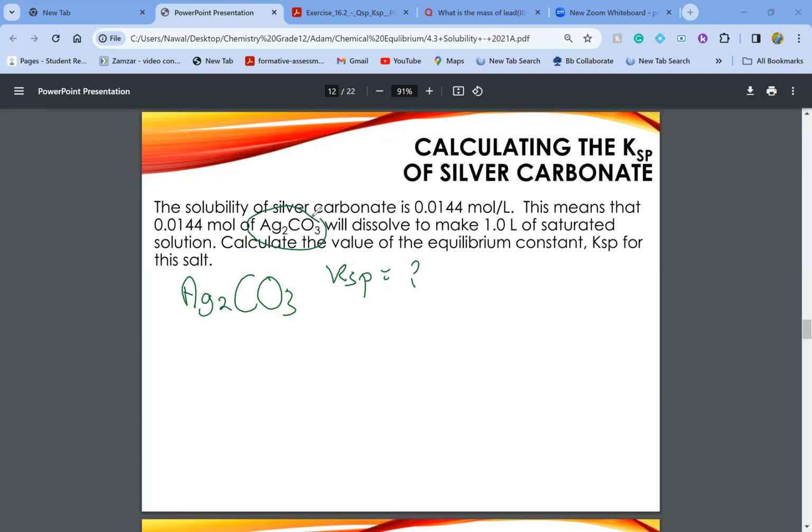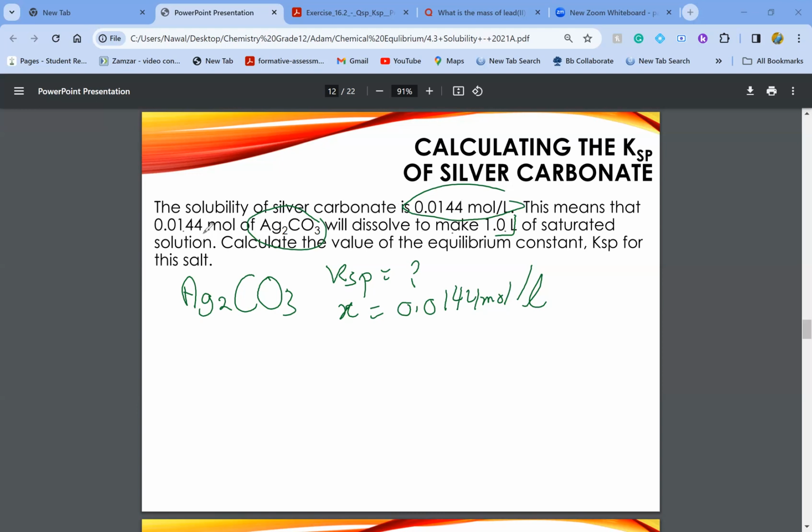And silver carbonate is given solubility, which means X, is 0.0144 mole per liter. This means that he is explaining for me the meaning of this. Okay? Don't feel scared from it.